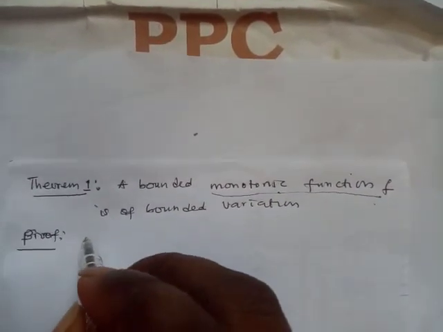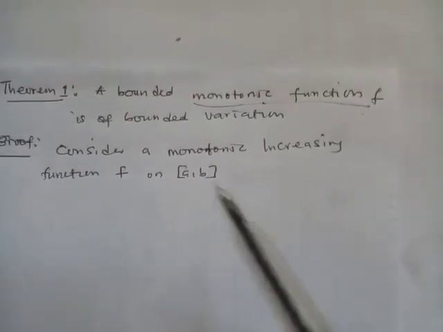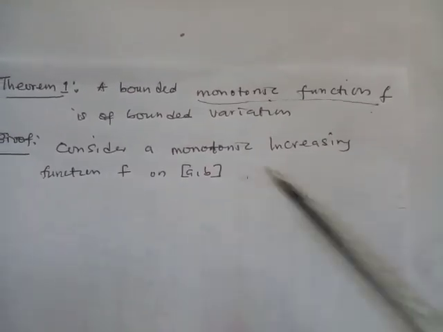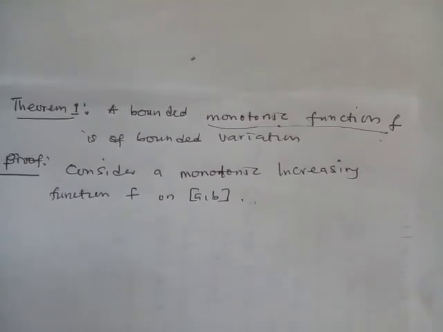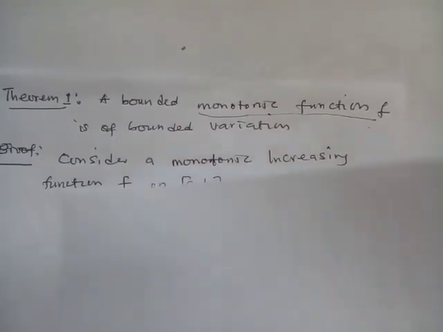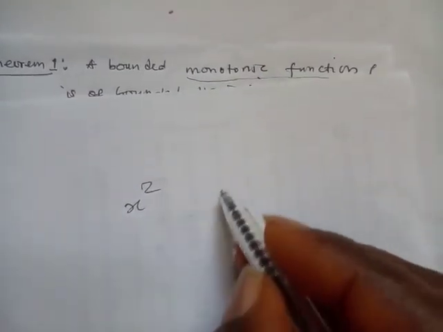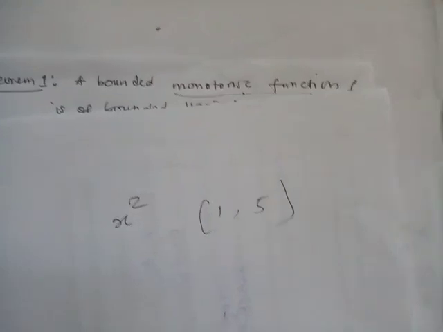So let's consider a monotonic increasing function f on the interval [a, b], and you know what we mean by that. For instance, let's say f of x is x squared. I gave something like this before. Let's say this is the interval.